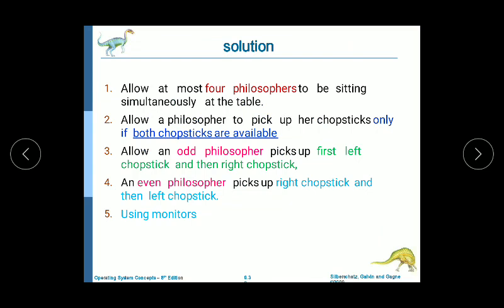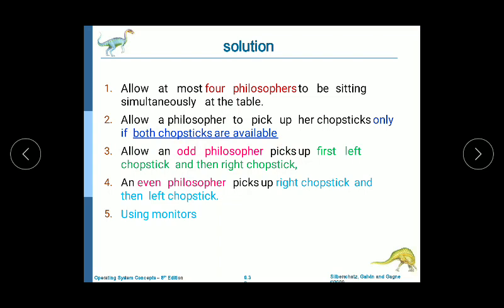Several possible solutions to the deadlock problem are given over here. There are five solutions. First one, allow at most four philosophers to be sitting simultaneously at the table. Do not allow five, allow only four. Second, allow a philosopher to pick up her chopsticks only if both chopsticks are available. If both are available, then only pick.